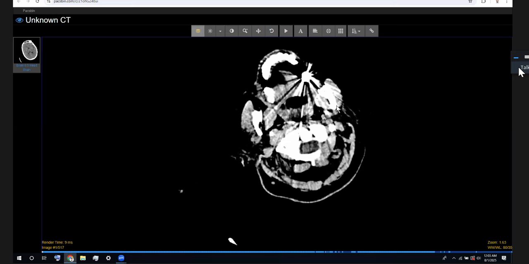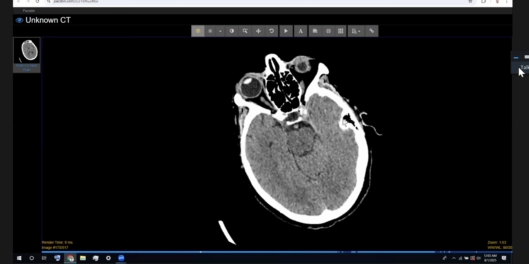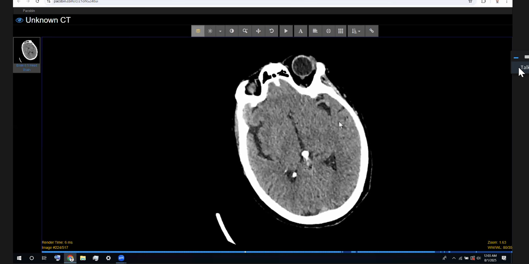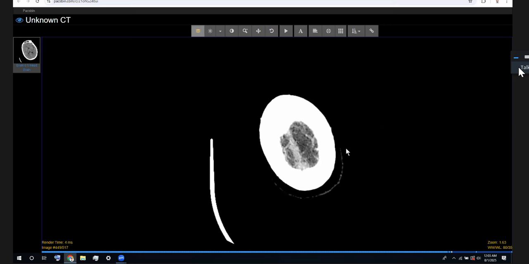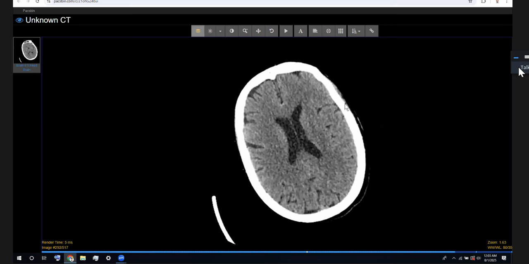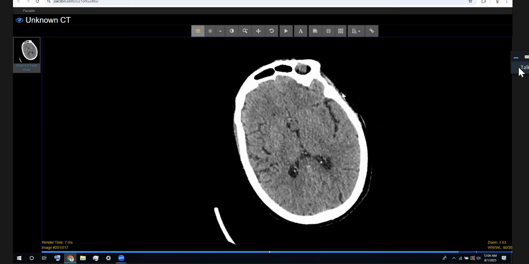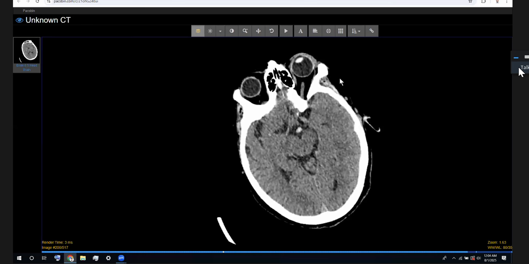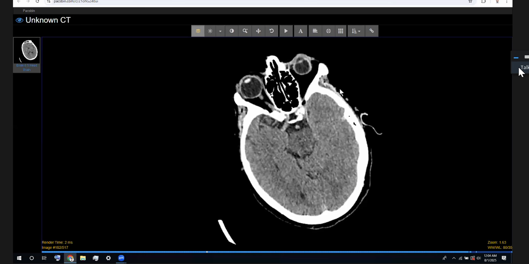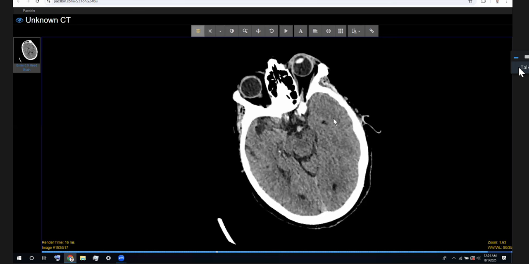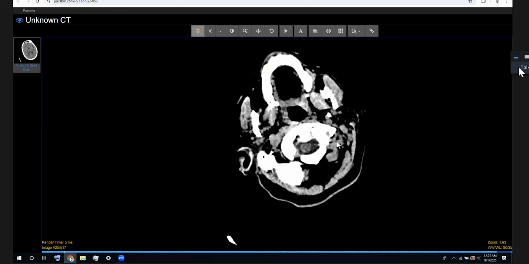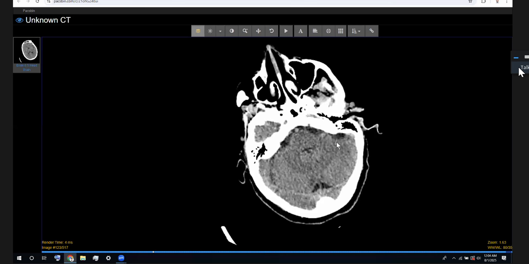At first look, I have not found any obvious abnormality. The gray-white matter differentiation is maintained. This is an adult skeleton.